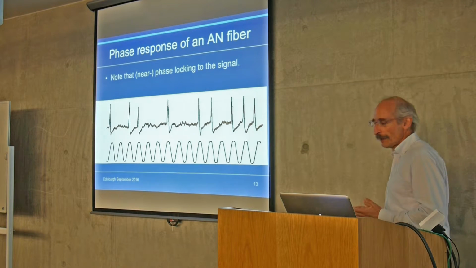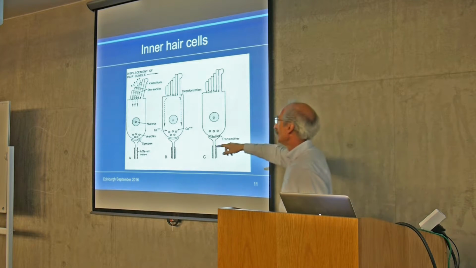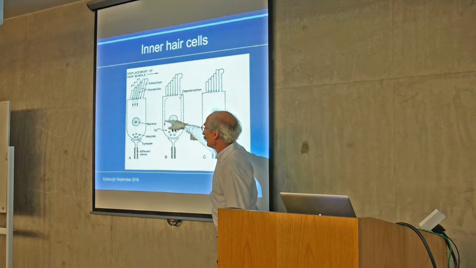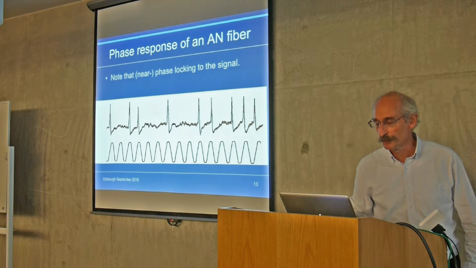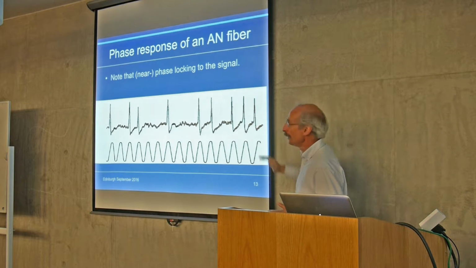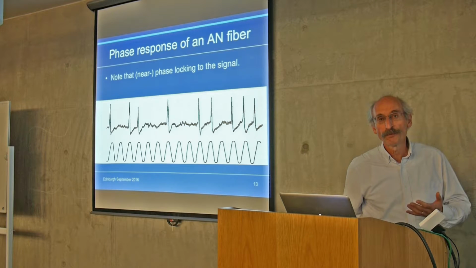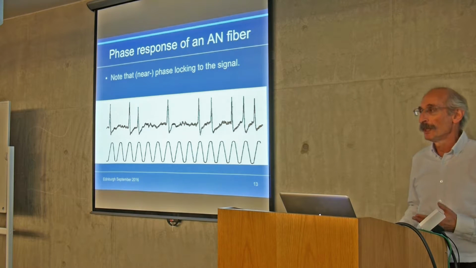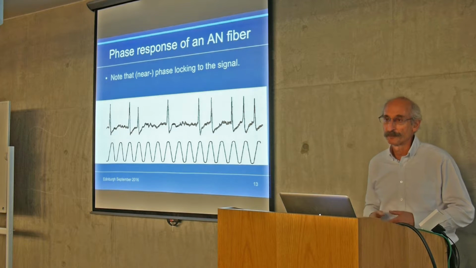And the point here is that the movement of these stereocilia changes what's happening here, but it's fast enough that up to about 2 kilohertz or so in humans, the signals on the auditory nerve are more or less in phase with the signal. So a lot of fine time structure exists in the spikes on the auditory nerve.